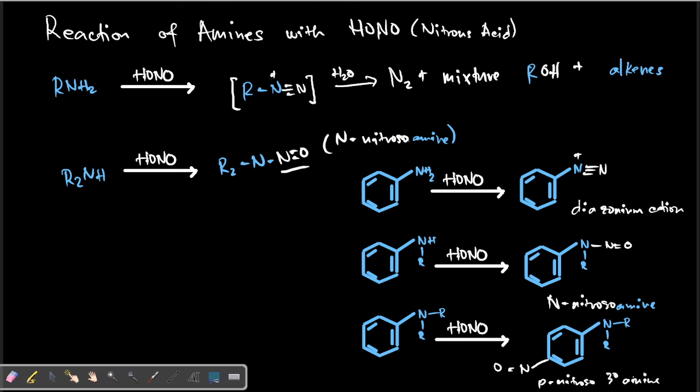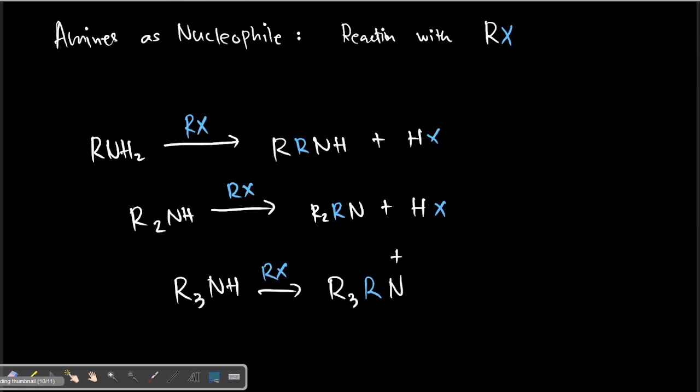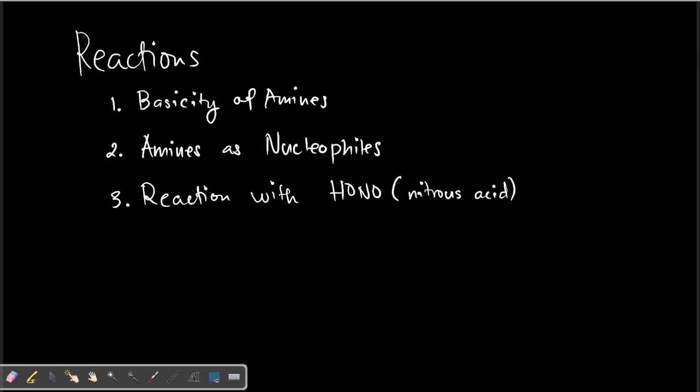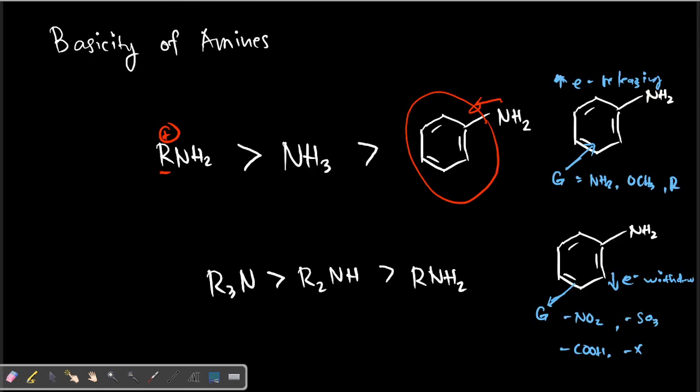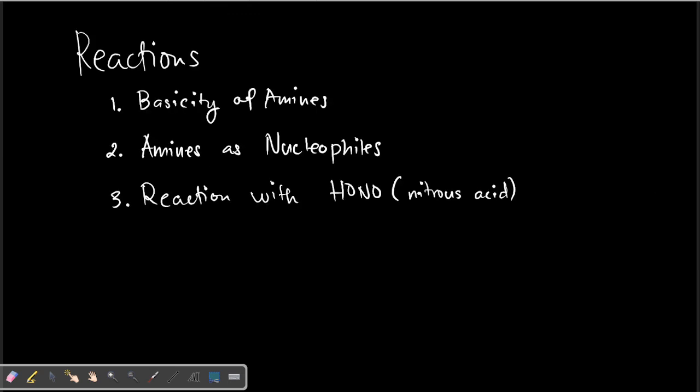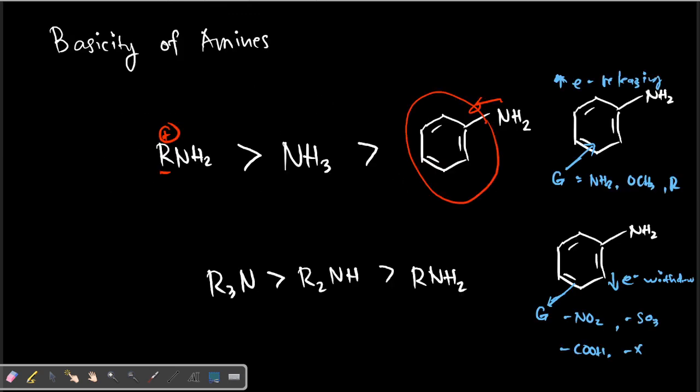So yan yung mga reactions natin with amines. So konting review lang. So balikan lang natin at medyo nag-die down yung energy ko sa kalagitnaan ng discussions natin. But basically, we first discussed the basicity of amines, wherein we look into the comparisons of basicity of our aliphatic amines, ammonia, and yung aromatic amines natin.